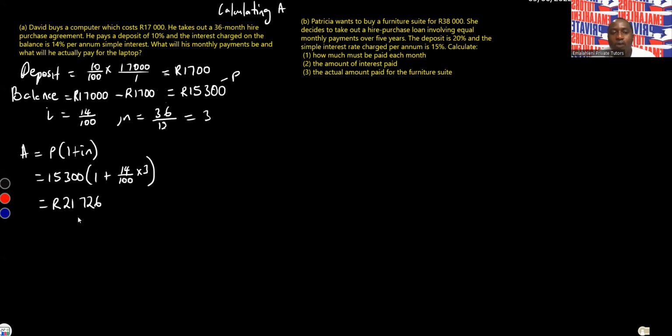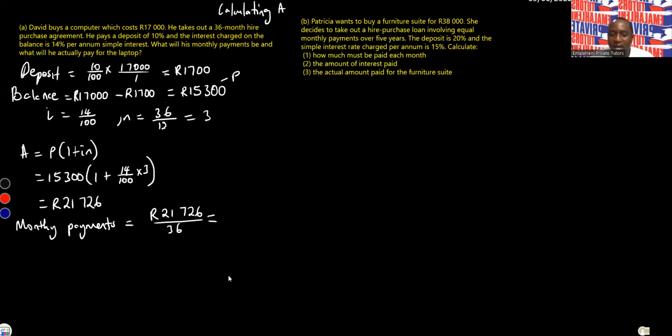And what we're going to do now, we want to get the monthly payments. So we're going to say, okay, monthly payments is going to be equal to the total amount that we get, which is 21,726, divided by 36, because it's over 36 months.